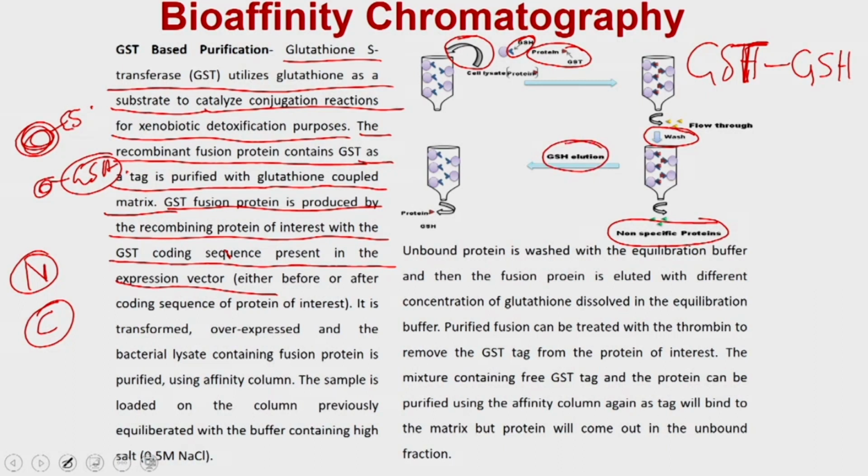You can add a large quantity of GSH, in the range of 20 millimolar to 100 millimolar, and that is going to compete for the GSH which is present on the beads.